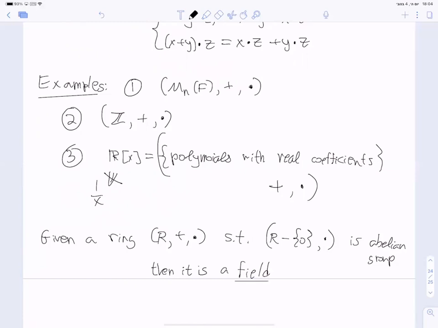A field is a ring such that if you remove the 0, and now you have to know what is 0. What is the definition of 0? For example, if you have matrices in general, what do we call 0? It cannot be the usual scalar, because it can be many things.